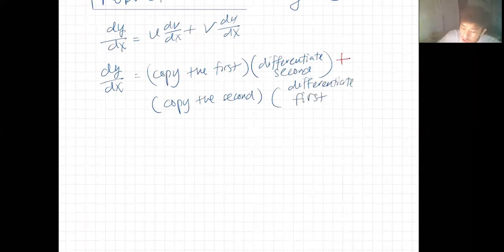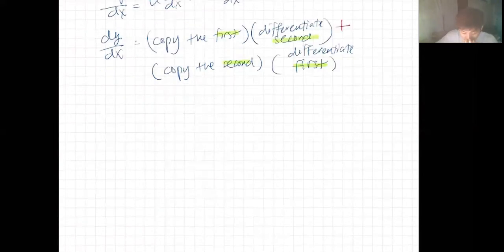Basically you just change the location. First becomes second, second becomes first. Okay, that is product rule.